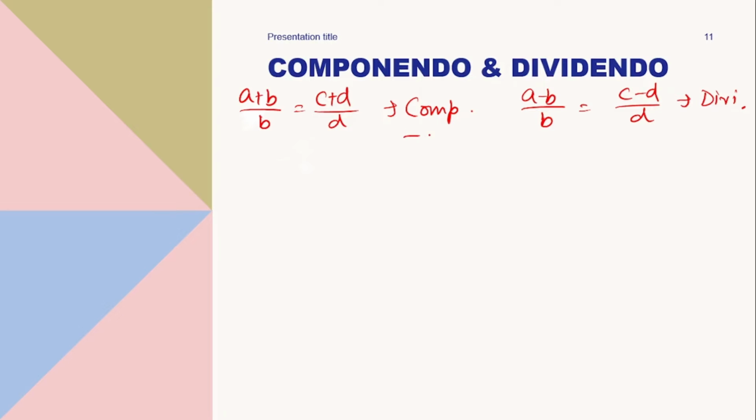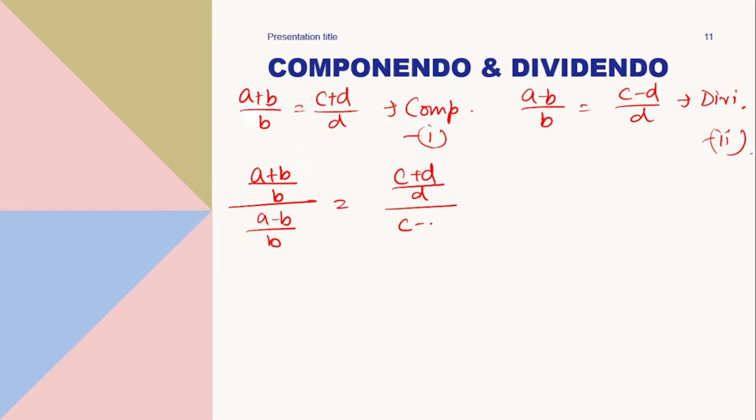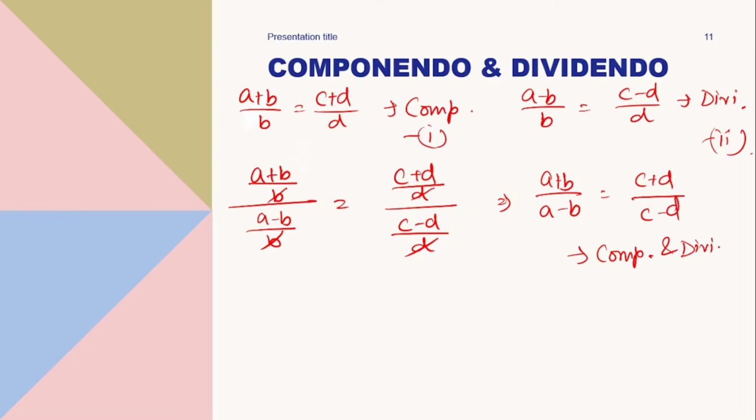Now we divide these two equations. We get a plus b by b divided by a minus b by b equals c plus d by d divided by c minus d by d. So b and b get cancelled out, and d and d get cancelled out, so we can write it as a plus b by a minus b equals c plus d by c minus d. This is called componendo and dividendo.